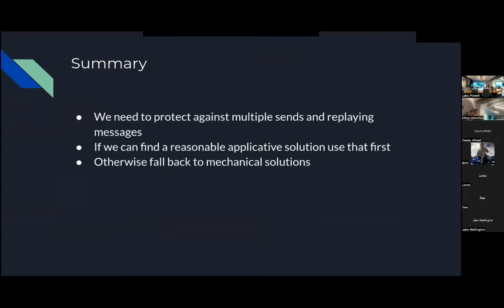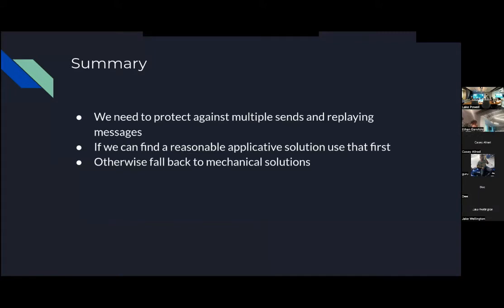So that's it. Those are some of the simple command ways that we handle idempotence with Eventide and why it's important. First, if we can find some type of domain solution, that usually ends up being simpler, or if there is a problem, it'll have domain knowledge with it that helps us track down and understand where it went wrong.